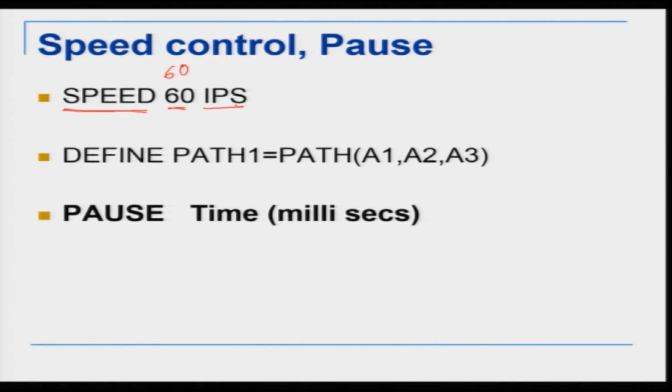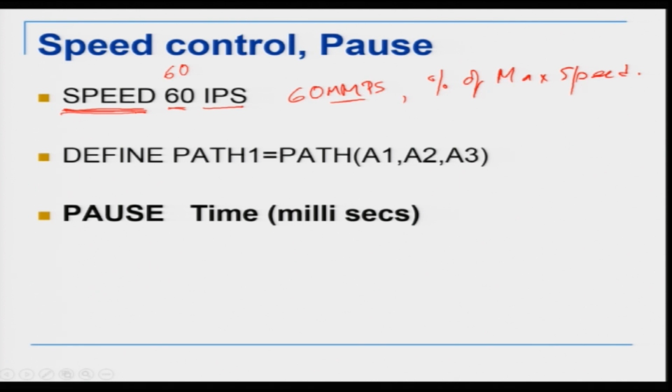This is the FPS unit, and we can also say 60 meters per second, MPS, or 60 millimeters per second, or we can say percentage of max speed. Okay. So, this is how the speed of the robot for a particular operation is defined.